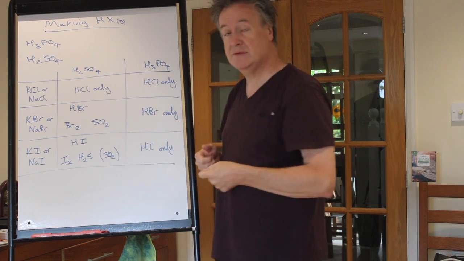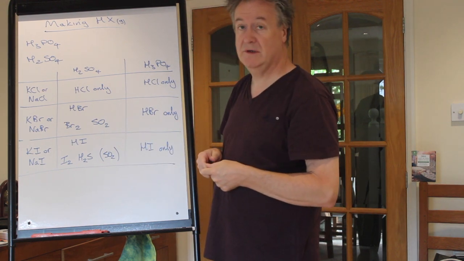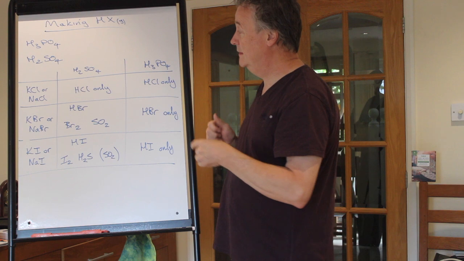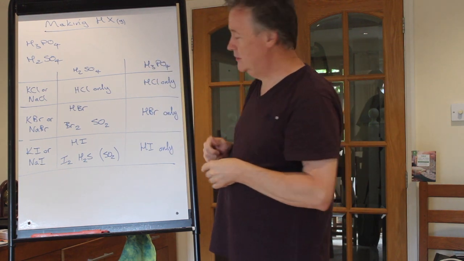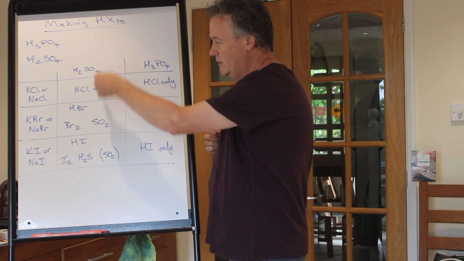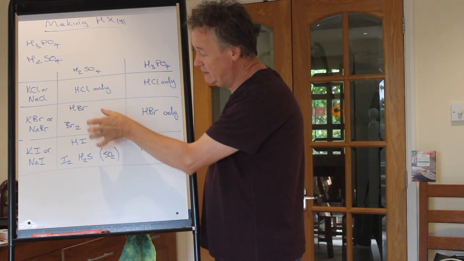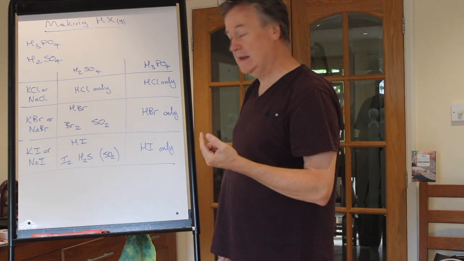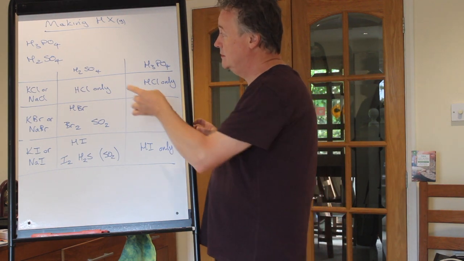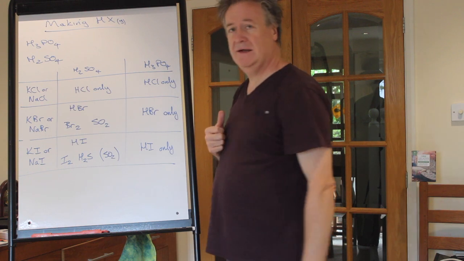When you try and do hydrogen bromide and hydrogen iodide, you get all sorts of other things going on. So this would make sense in terms of getting pure products, but this is what you get asked about because of the way these reactions work. For these two, you get asked about that in A-level chemistry questions. Now here it says KCl or NaCl.